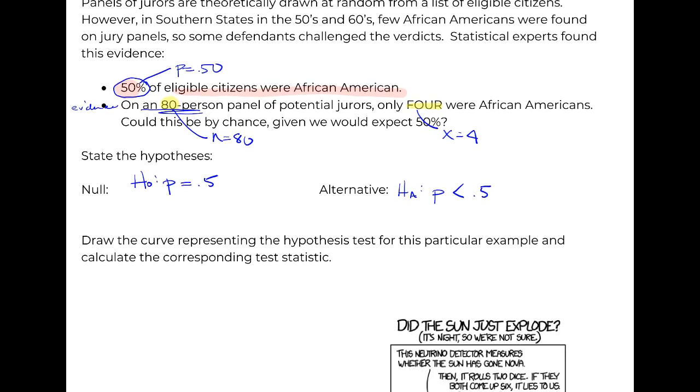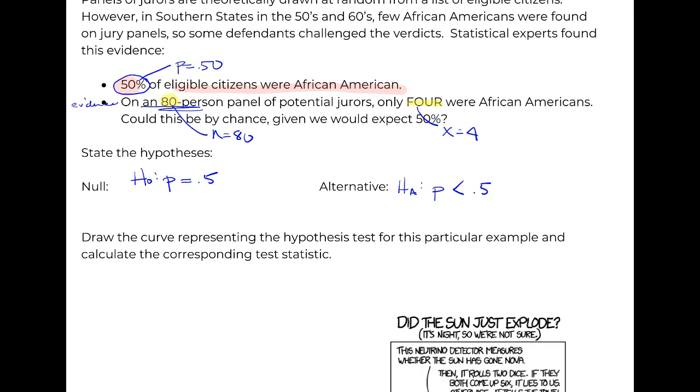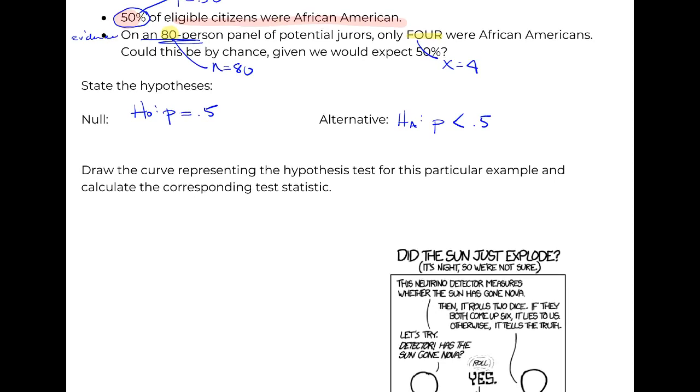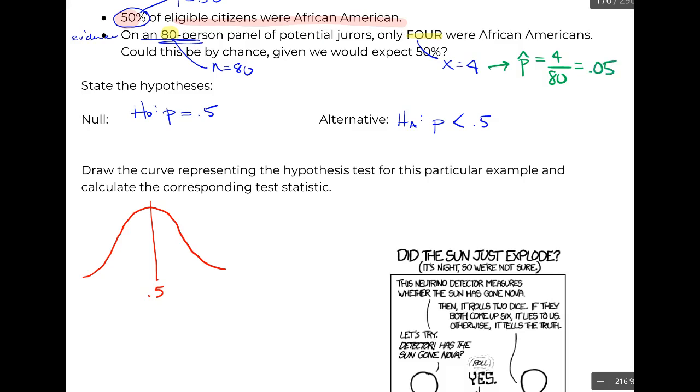All right, so if we're going to go ahead and do a hypothesis test in this, we're essentially doing a 6.1 piece, so we could think about the actual curve here. We expected to see 50%. However, our p-hat here, when we looked at this one jury, was only 5%.